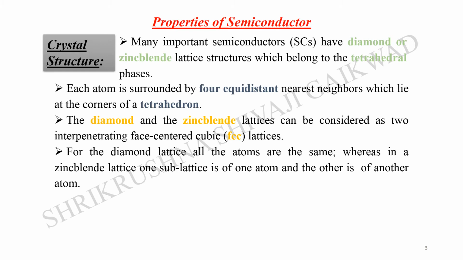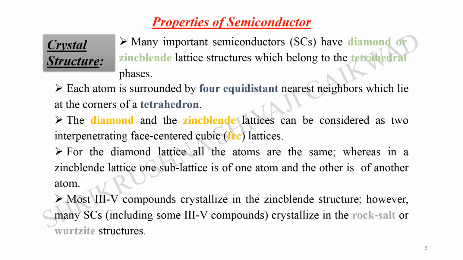An example I can give is zinc oxide, where one atom is zinc and the other atom is oxygen. So they compose the zinc blende lattices. We will picture these lattices in a moment.